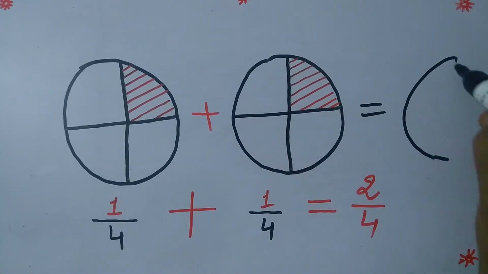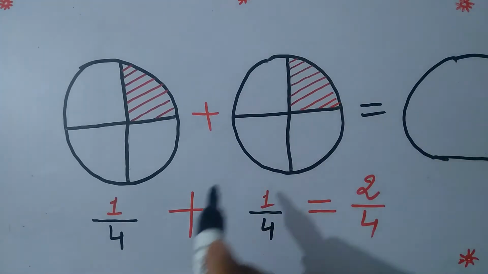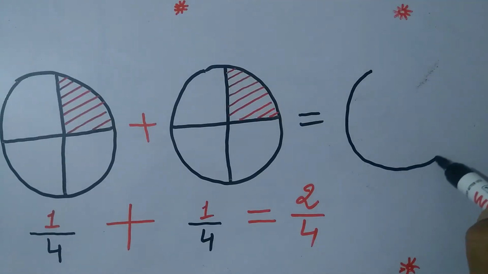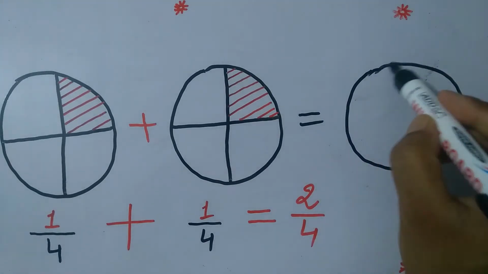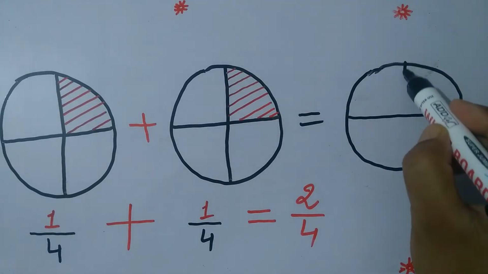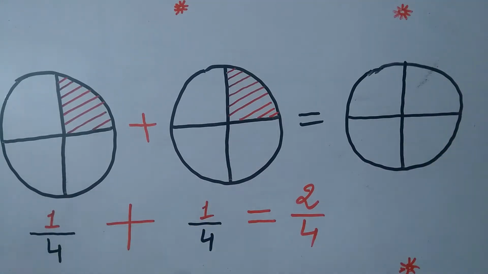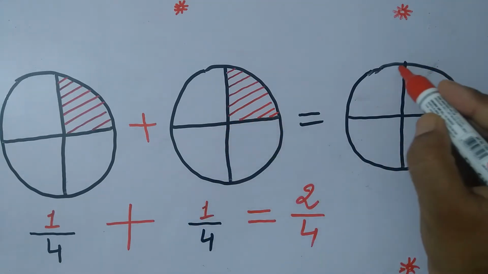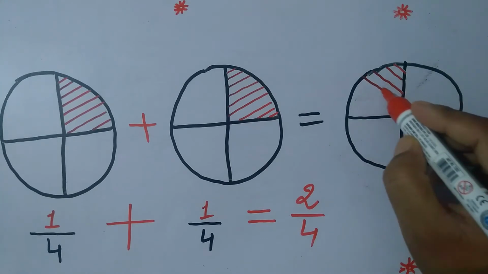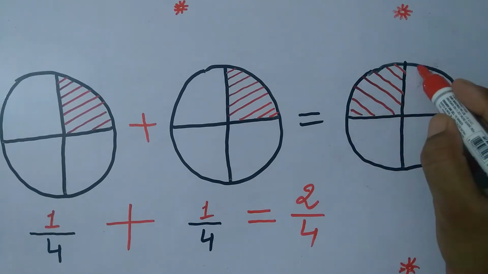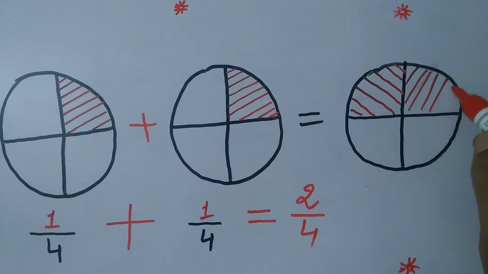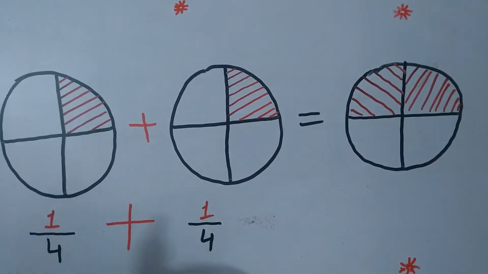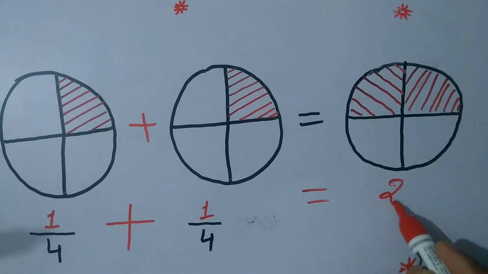We can write the result this way: one complete circle, again divided into four equal parts, but because the first part is shaded, this time the second part is shaded, so a total of two parts are shaded. So the answer is equal to 2 upon 4.